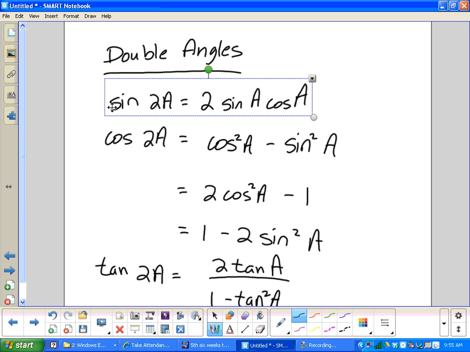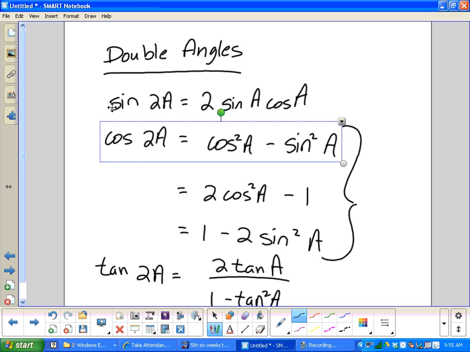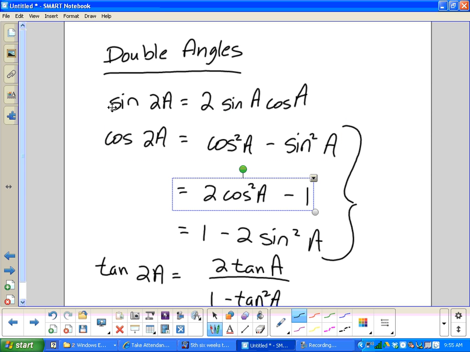Now, for cosine, cosine's a little bit different here. What you have on cosine is three formulas. It doesn't really matter which one you use. So when I'm finding the double angle for cosine, I can use that first formula, that one, or that one. I'm going to make you a little note over here on the side.